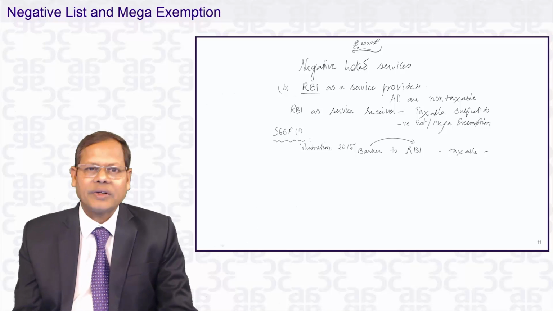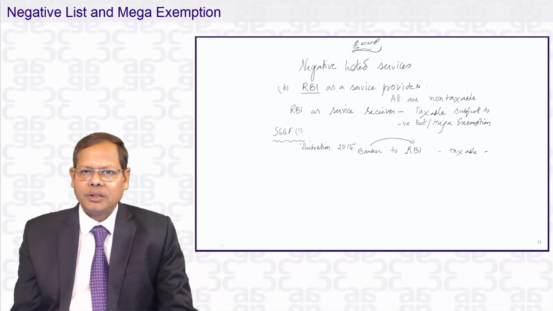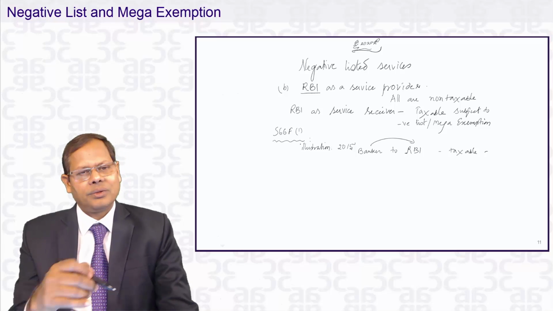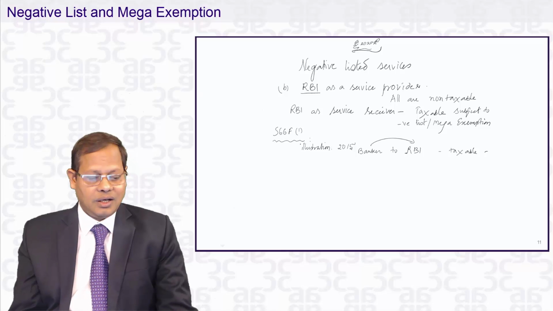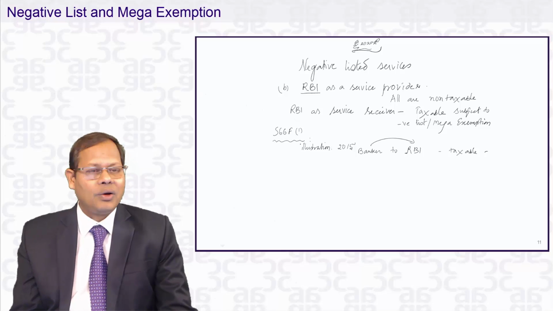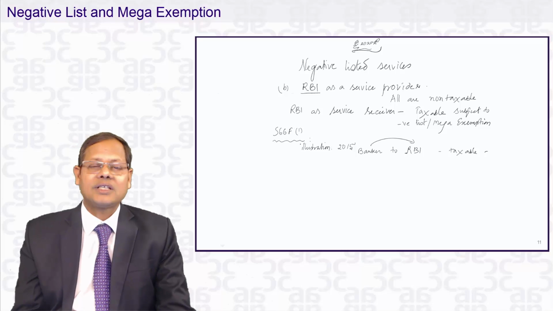It won't be affected. See, under excise, you remember, maybe you have studied a lot about excise. When your final product is exempt or non-excisable, does it mean that you will get CENVAT credit on inputs used in the final product, or you will get refund? No. If you get refund or if you get CENVAT credit, it is a case of zero tax.